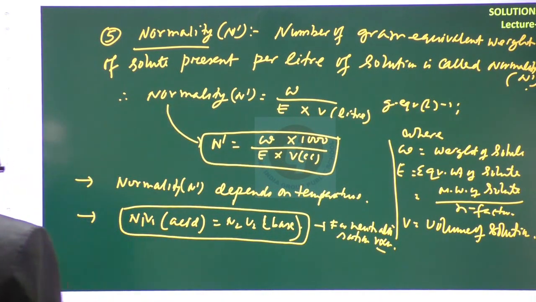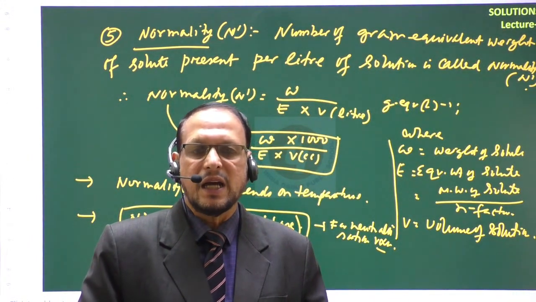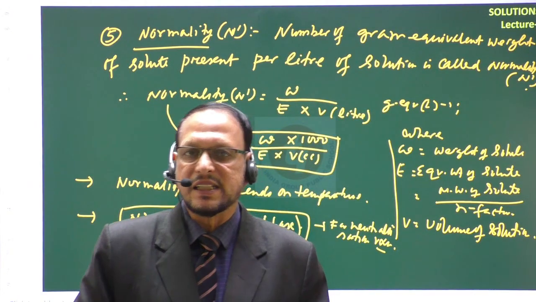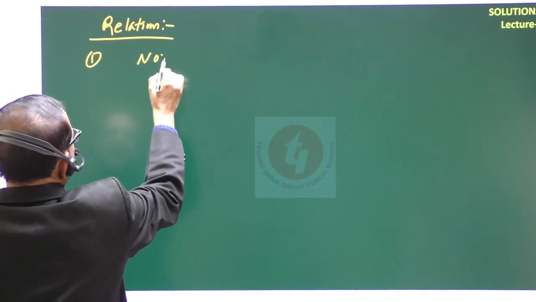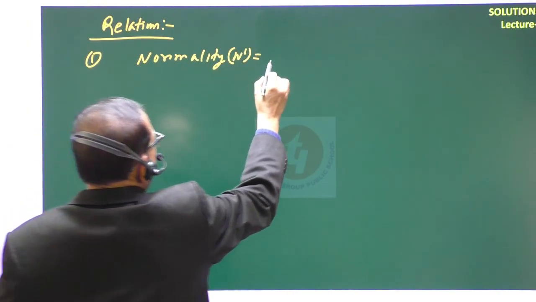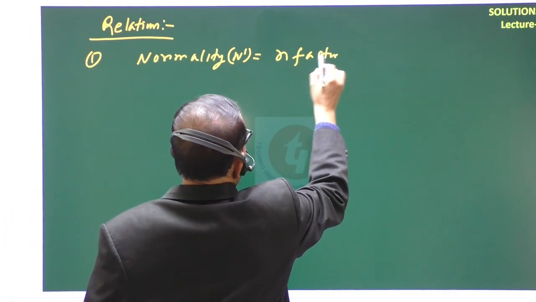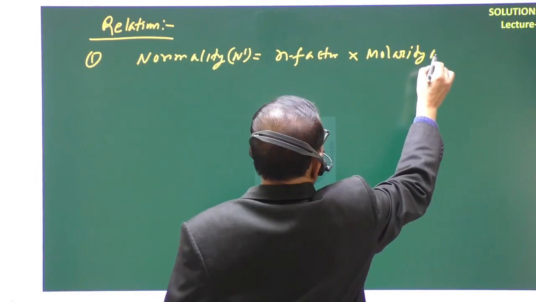Now, what is the relation between normality and molarity? This relation is very, very important. What is the relation of normality and molarity, molarity and molality, and molality and mole fractions? These three relations are very, very important. Number one, normality is equal to N factor or valence factor into molarity.